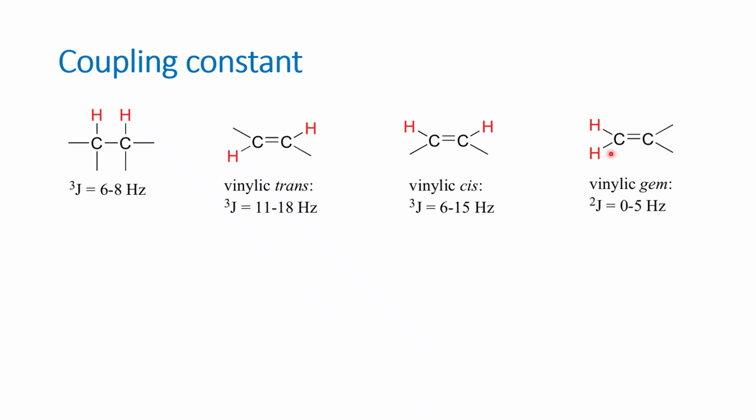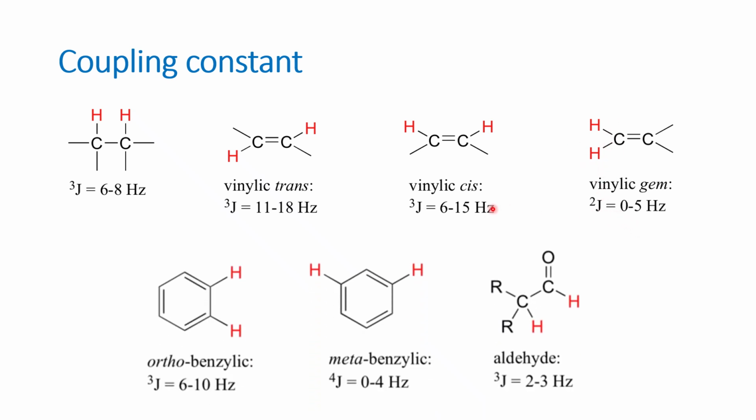Here in this particular case, because it is on the same carbon, the superscript 2 says very clearly the two protons are non-equivalent protons on the same carbon atom, whereas all of these are on neighboring carbon atoms. In a geminal carbon, when the protons are non-equivalent, their J value is between 0 and 5.